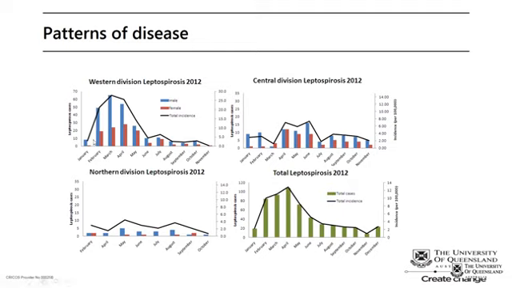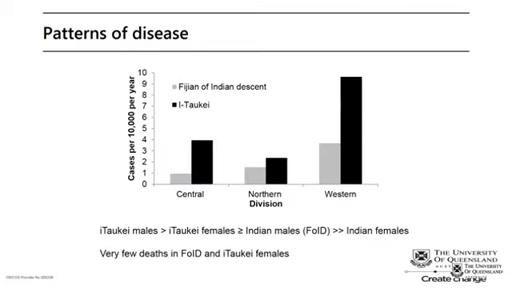If we then start to look at patterns, again, we take our disciplinary lens and we start to break it down. We look at there's more males and females, which reflects the occupational exposure. In this western side, which has a different climate to the eastern side, we see a much more pronounced seasonal variation, and this just happens to correlate with some of the agricultural practices. We then look at the demographics, and Fiji is made up of two major ethnic groups.